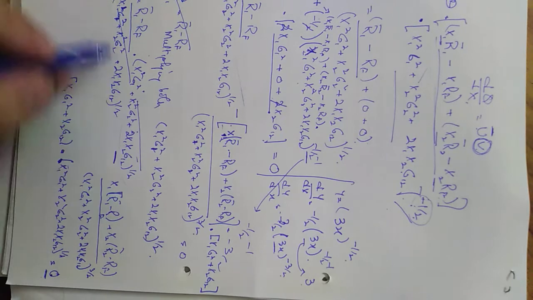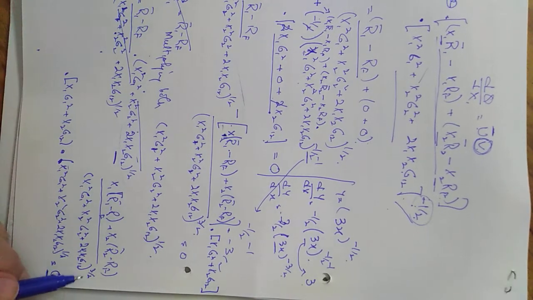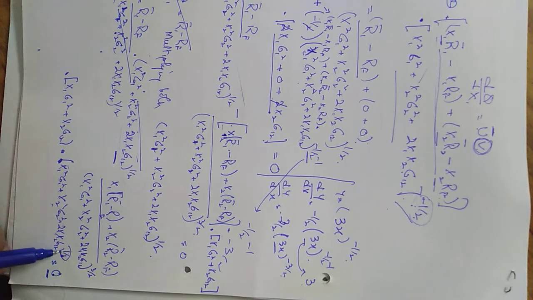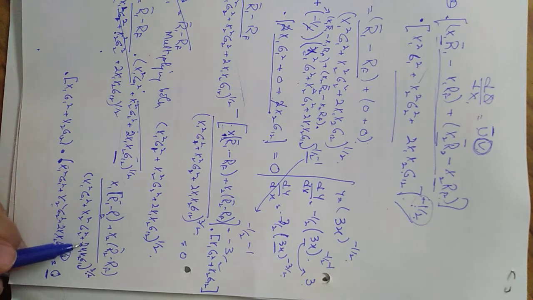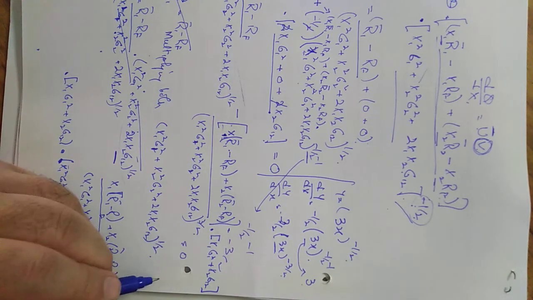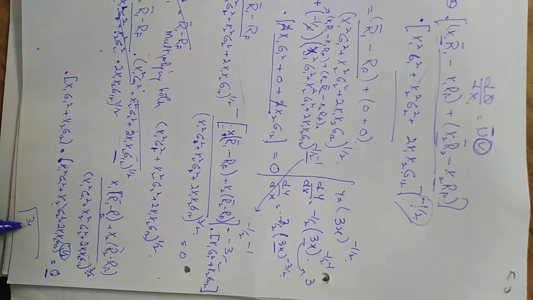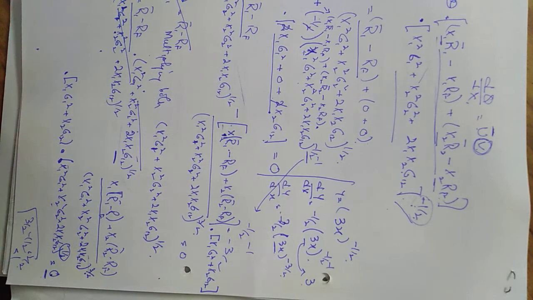So what happens? This gets cancelled, and this is with power 1 by 2, and this is power 3 by 2. So when I divide this by this, it becomes 3 by 2 minus 1 by 2 is 2 by 2 is 1. That means I get a power of 1.